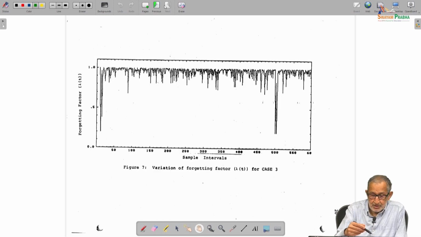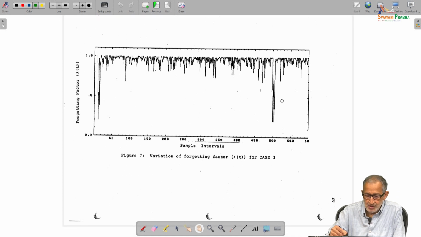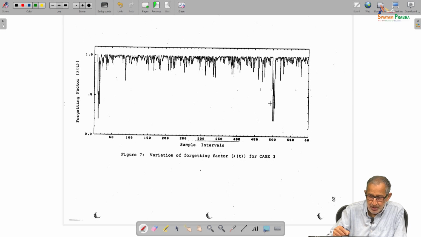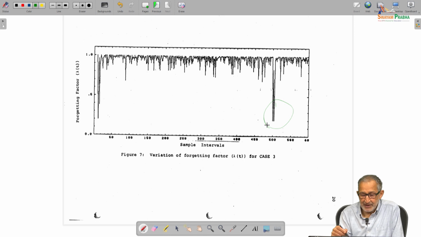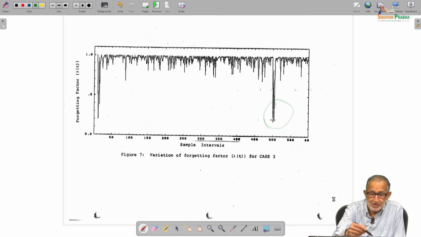Here is the forgetting factor lambda as it changes with the expressions that we have developed. And when the large change occurs, there is a big change in the forgetting factor lambda, and it quickly gives you the adaptivity that we seek.